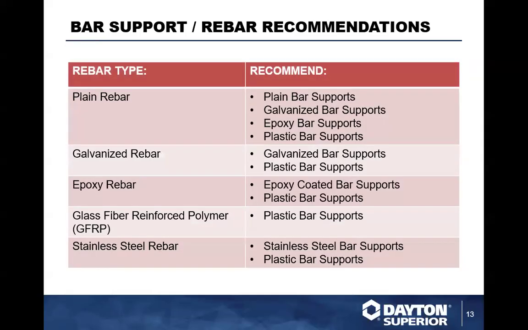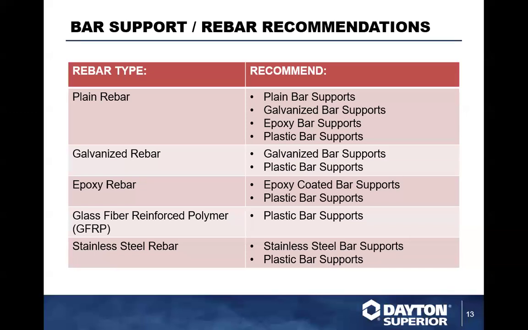Now, what type of chair do I need for what rebar? Well, we listed a quick cheat sheet here. Plain rebar: you've got plain bar supports, galvanized bar supports, epoxy bar supports, and plastic bar supports.